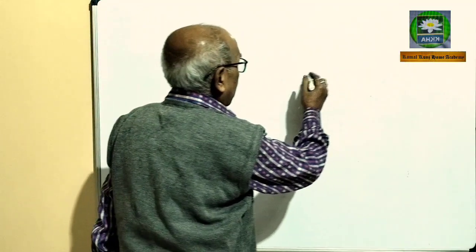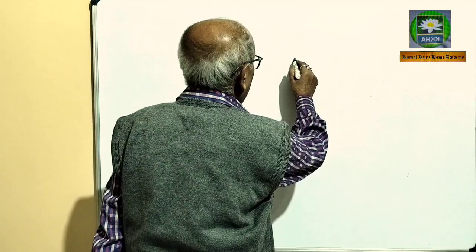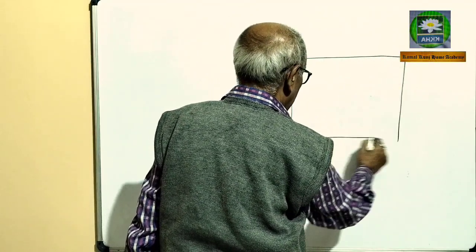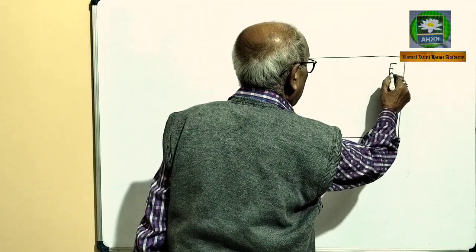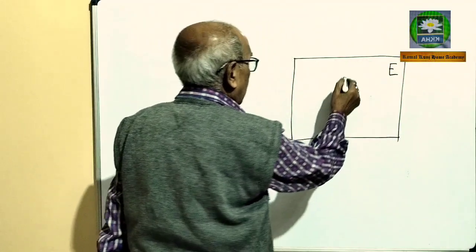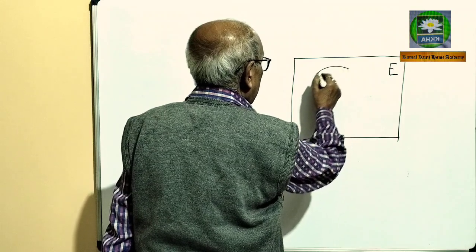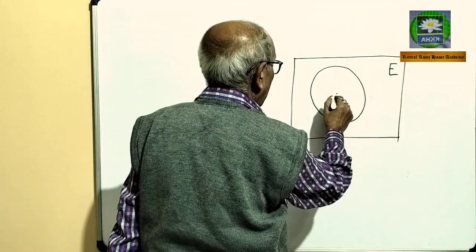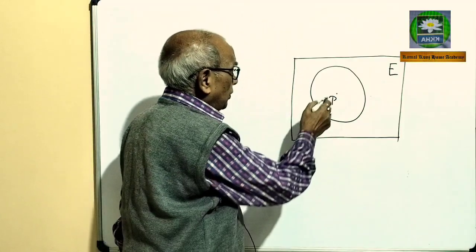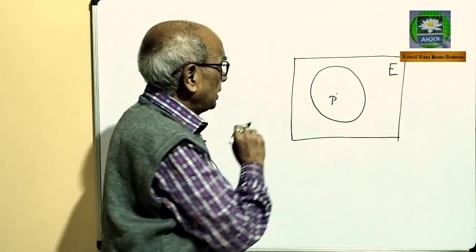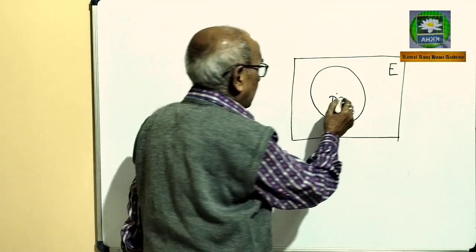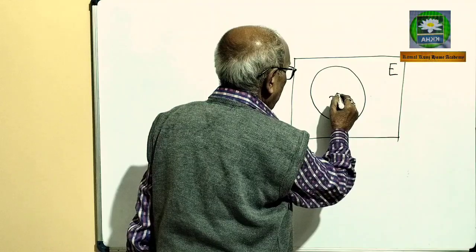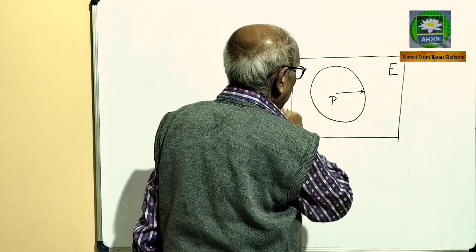That is, suppose this is a plane. And what is a circle? A circle is a set of points whose distance from a given point P in the same plane is a positive number r.